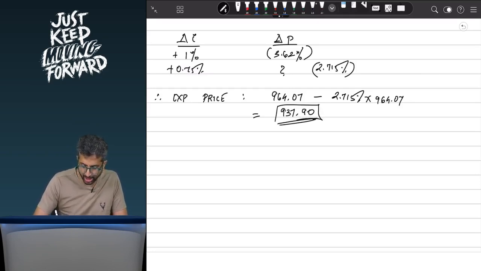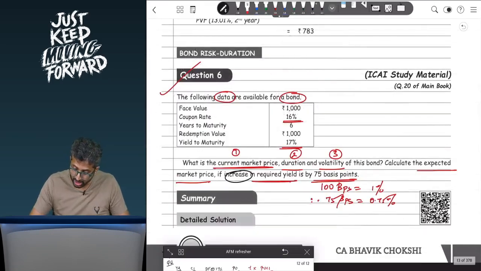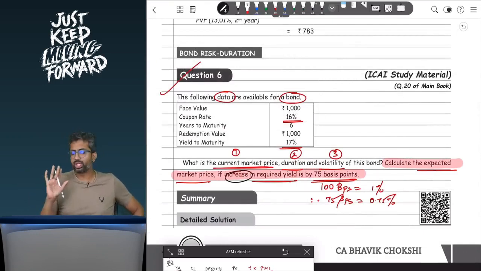This will be your expected price in response to an expectation of a 0.75% increase in yield. Are we clear with this? What is the question asking you? Well, the question asks you, calculate the expected market price if the increase in required yield is by 75 basis points. Okay, so we have found the expected price.